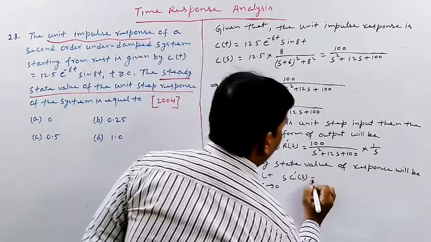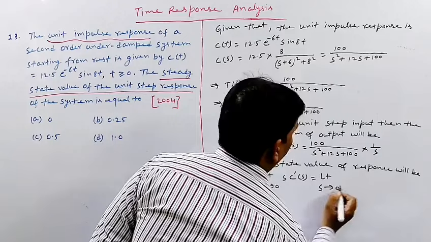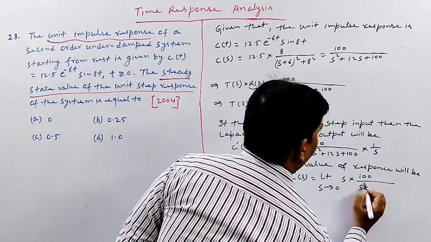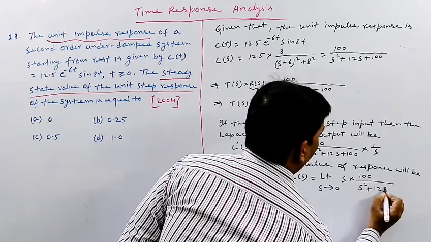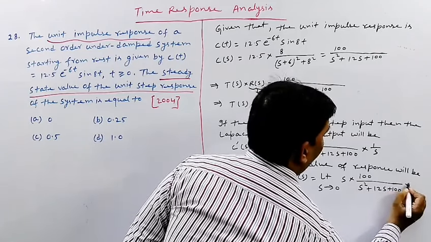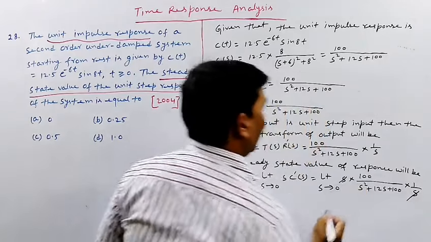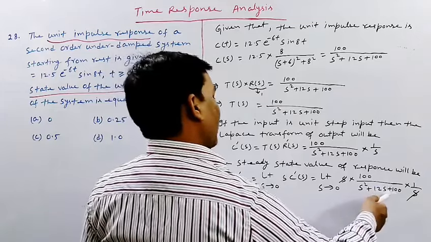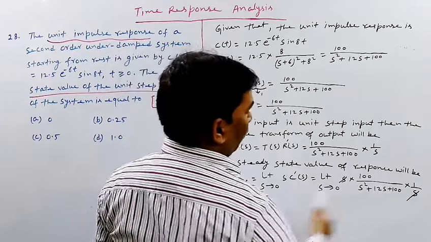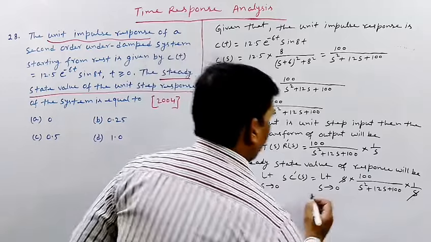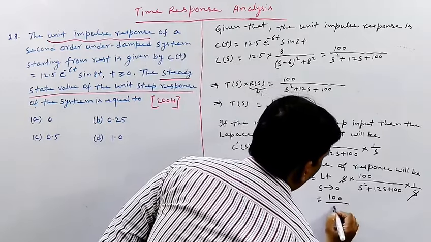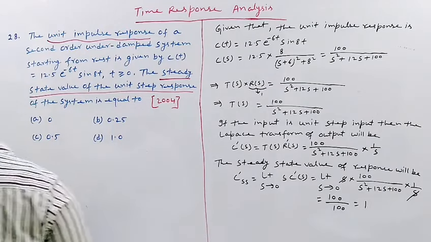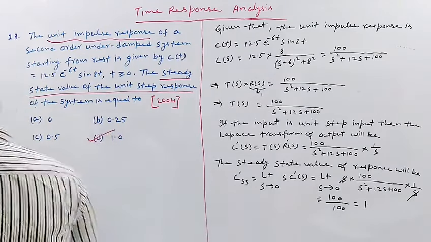C dash s is 100 by s square plus 12s plus 100 multiplied by 1 by s. So s will cancel out, and now if we put s equal to 0, the denominator will also be 100, because the other two terms become 0. So 100 divided by 100 will be 1. So the steady state value will be 1. Which option is correct? Option number D is correct one.